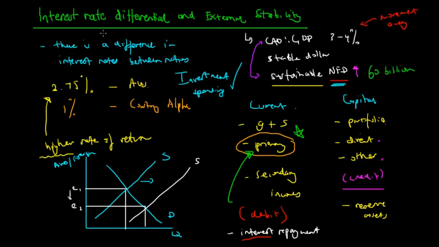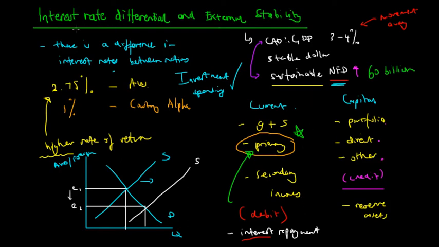So the interest rate differential is the difference between our interest rate and other nations' interest rates, and that would be reflected by changes to the capital and financial accounts. So when our interest rate differential is greater than another country's, this means that there will be a net credit into the capital and financial account, but a net debit out of the current account due to interest repayments on these financial assets.